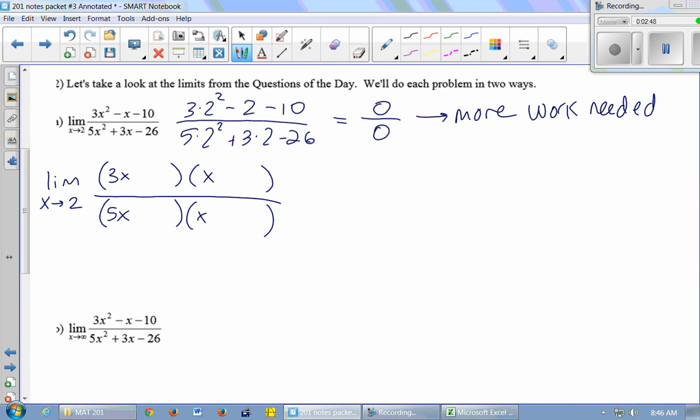All right, so let's see, does this factor? 3x squared minus 6x minus 6x plus 5x is negative x minus 10. Yeah, that works.